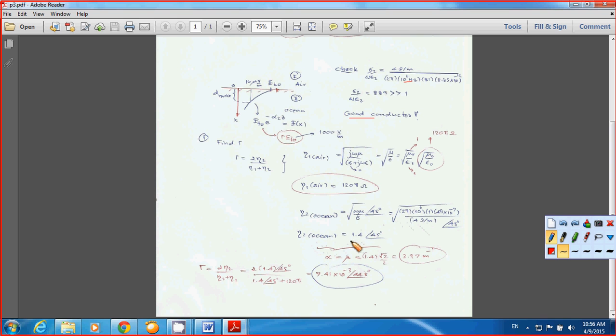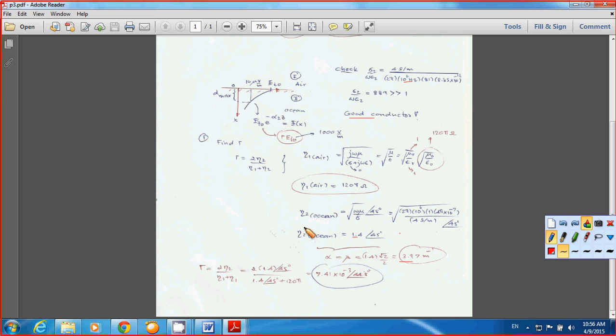You end up with eta 2 becoming 1.4 with the phase angle of 45 degrees, and you can check that alpha equals beta. Simply multiply 1.4 by square root 2 over 2, which comes from cosine 45 degrees. Right? Cosine 45 degrees equals sine 45 degrees. That gives you alpha equal to beta equal to 3.97 per meter.